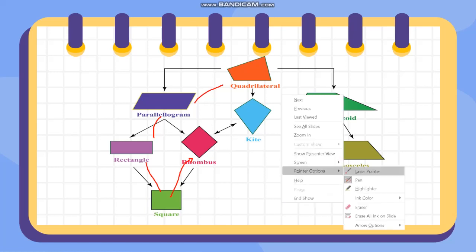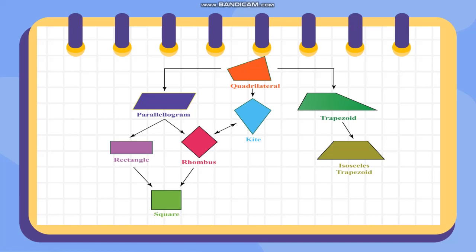Okay, kite. When we say kite, it means no sides parallel. Okay, kite is only a family of quadrilateral because there are four sides and four angles. Trapezoid, there is only one parallel side. Okay, this and this side are not parallel because if I'm going to extend the line, they will meet, they intersect, and they cross.